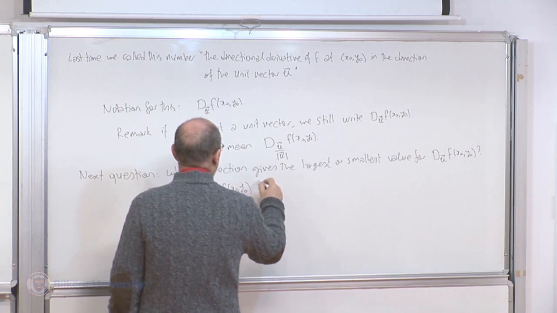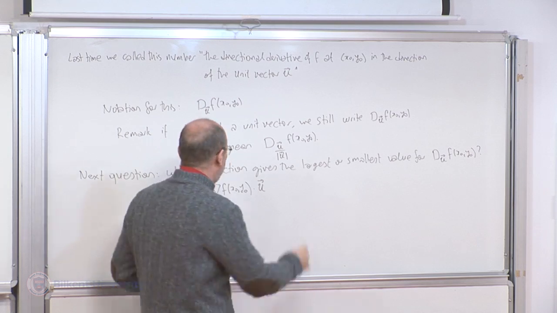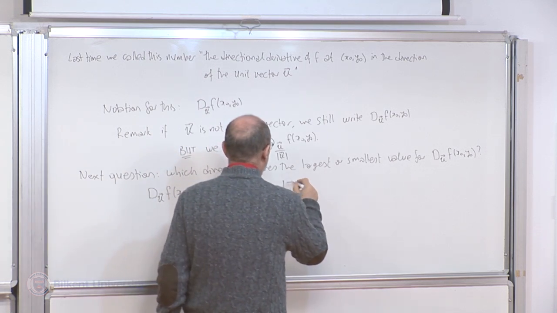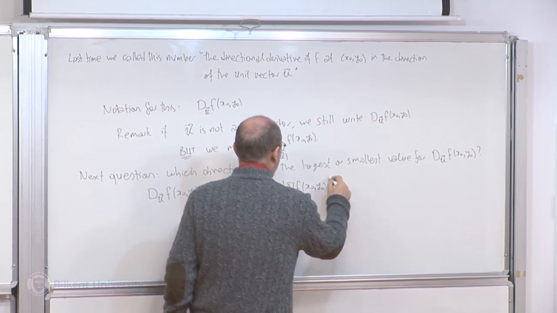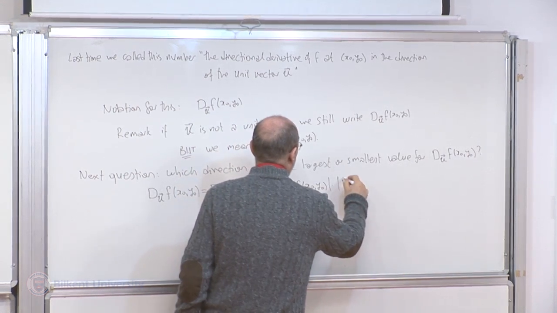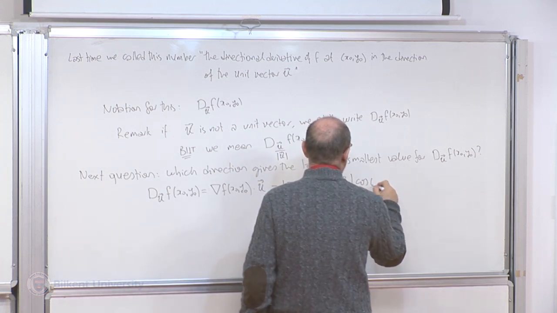dot product u. Now when we have a dot product, we know that this can also be written as the length of this first vector times the length of the second vector times cosine of the angle in between.